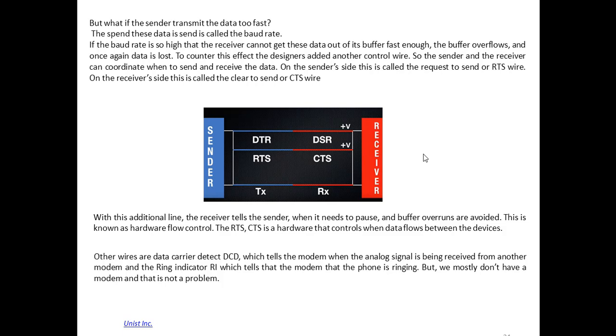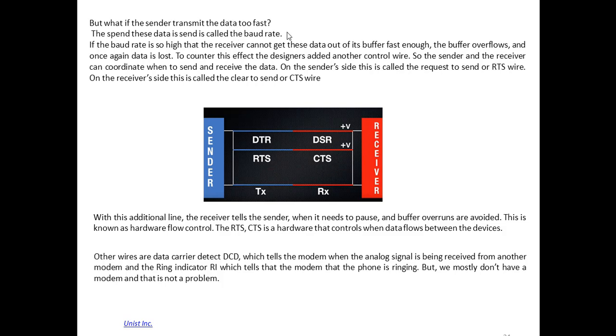To counter this effect, the designer added another control wire so the sender and the receiver can coordinate when they send and receive the data. On the sender side, this is called the request to send or RTS wire. On the receiver side, this is called the clear to send or CTS wire.